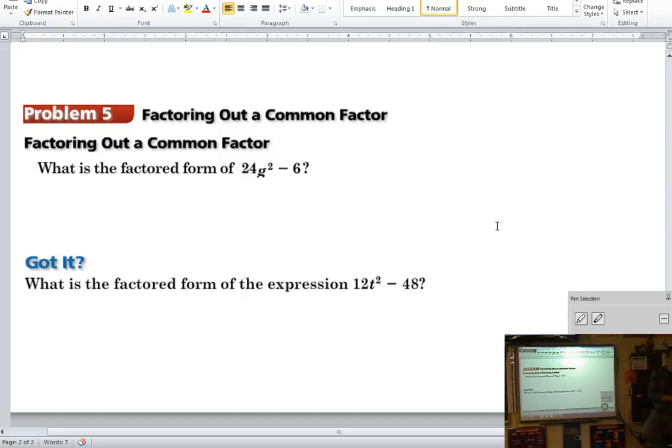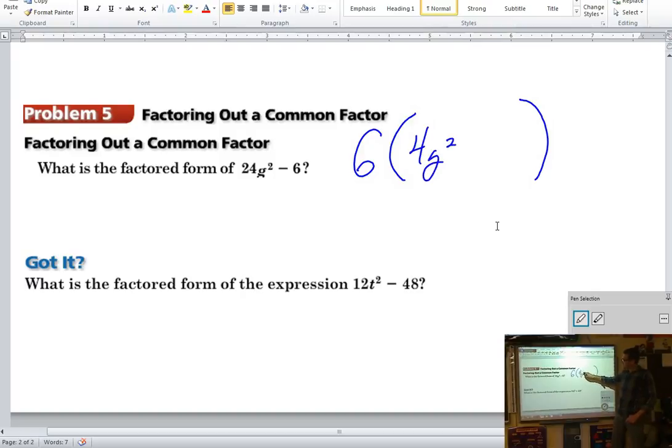So, yeah, I could factor out a 6 to begin with, and this is really 6 times the quantity 4g squared minus 1. Is 1 a perfect square? Yes. Is 4g squared a perfect square? Yes.